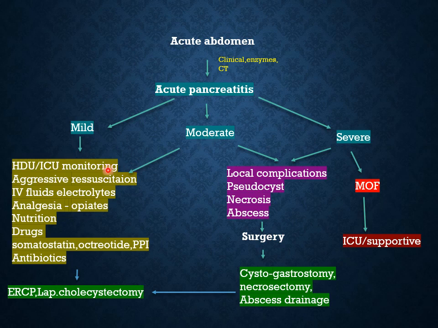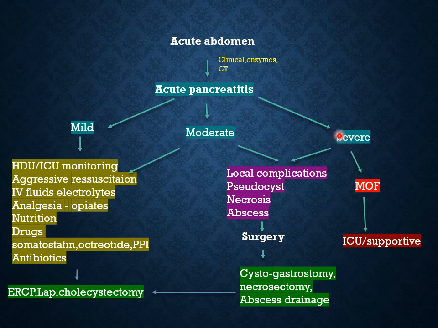In moderate cases, besides all this treatment, there may be local complications which may need surgery. These complications will be pseudocyst, necrosis or abscess, and this surgery is cystogastrostomy, necrosectomy and abscess drainage. In severe forms, you have to go through very aggressive treatment in ICU, multiple organ failure has to be reversed, and the patient needs ICU and supportive treatment.